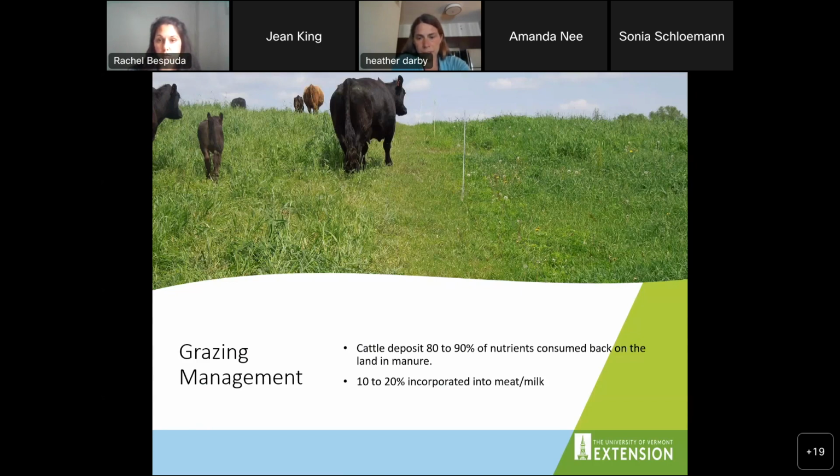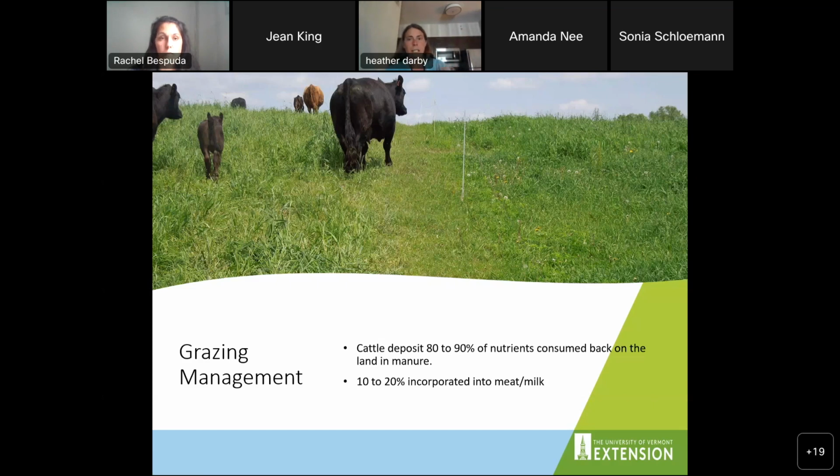So grazing management, the cool thing about grazing management, especially for most of the livestock that we work with and how we're handling them, is that 80 to 90% of the nutrients that they're consuming in the forage they're eating is going back on the land in manure nutrients, right?